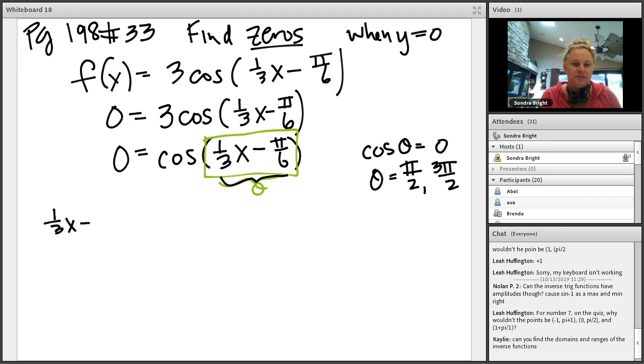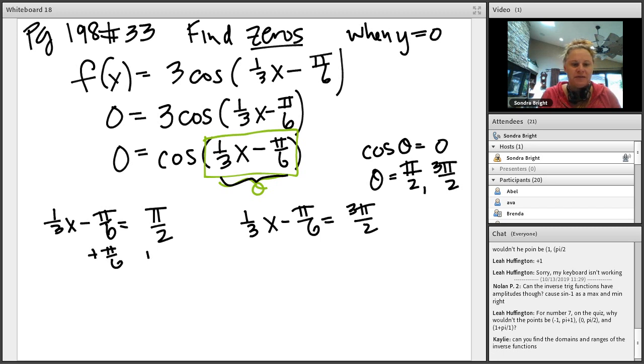1/3 x minus pi over 6, equal to the 2 zeros I just found, when cosine of some angle is equal to 0: pi over 2 and 3 pi over 2. All right, so I need to add pi over 6 to both sides on this one, which will give you 1/3 x equals, times 3 times 3, so 3 pi over 6 plus pi over 6 is 4 pi over 6.